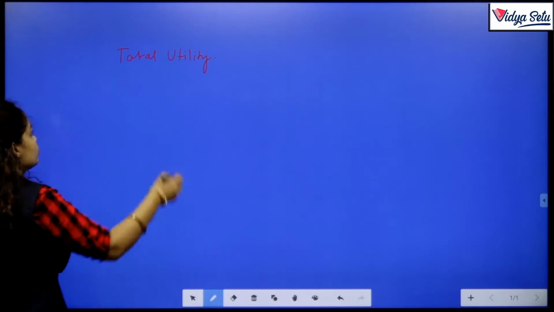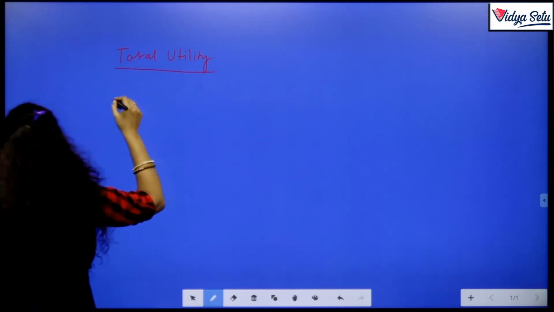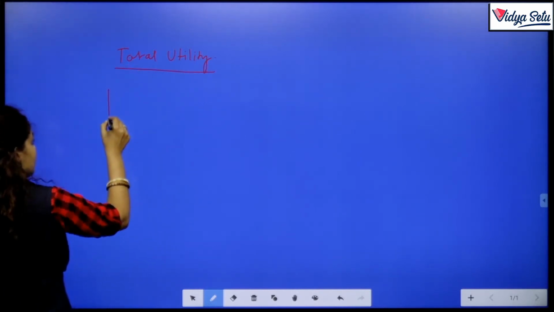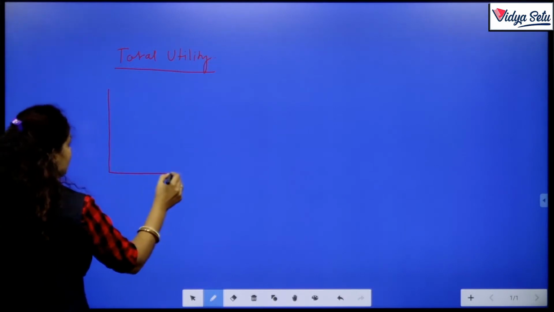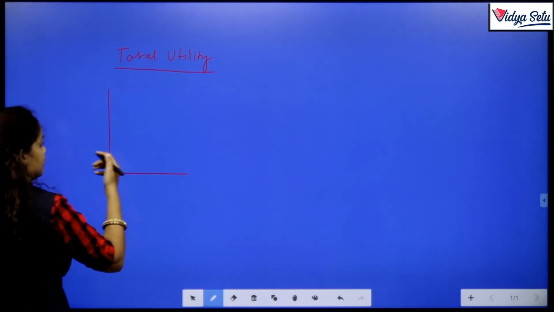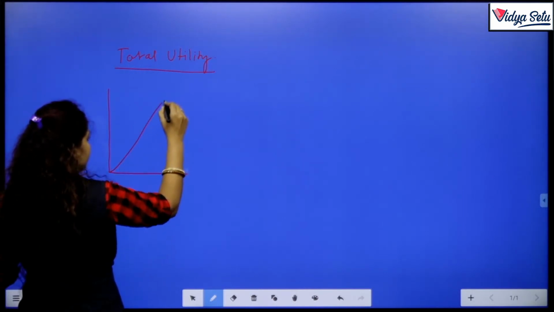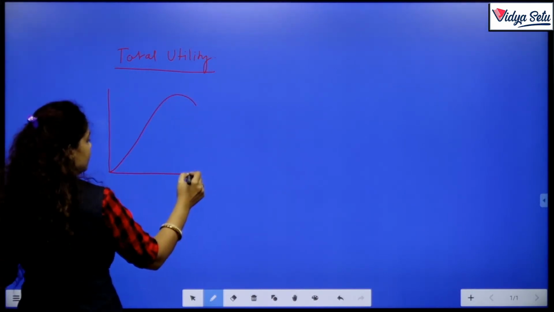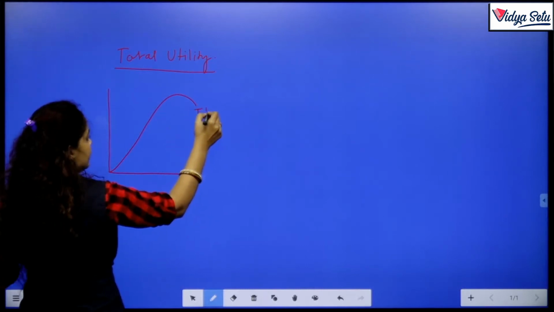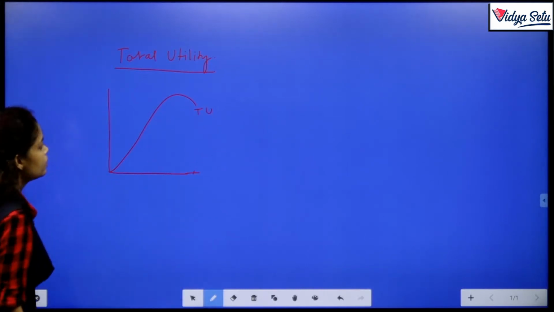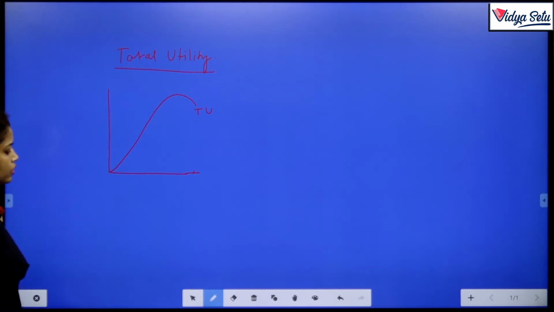Clear? What is total utility? Total utility first increases with an increasing rate, then increases with a decreasing rate, then reaches a maximum point, and next decreases.